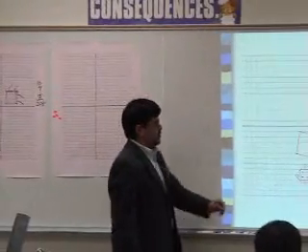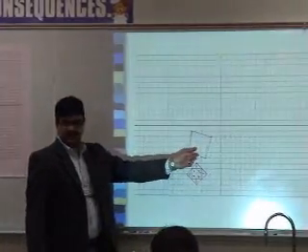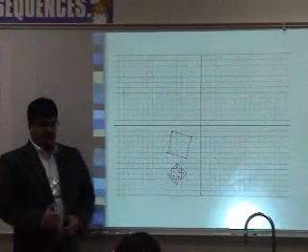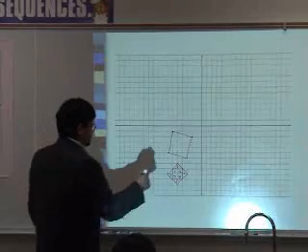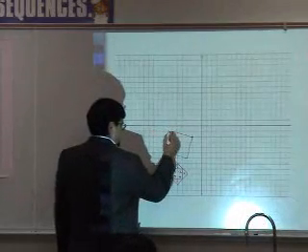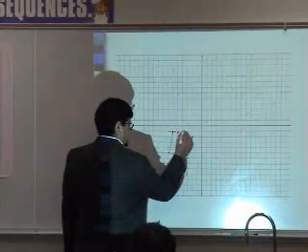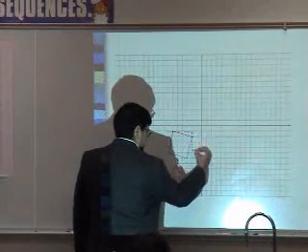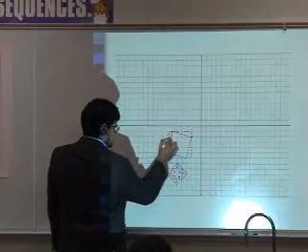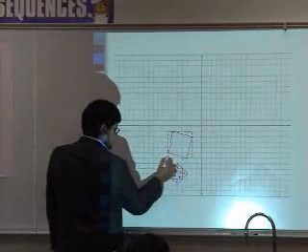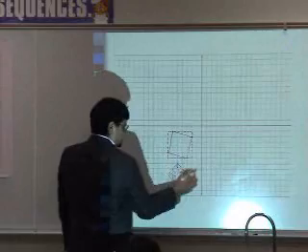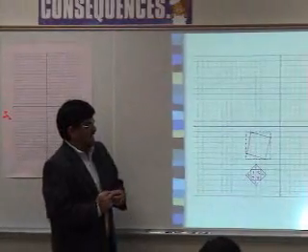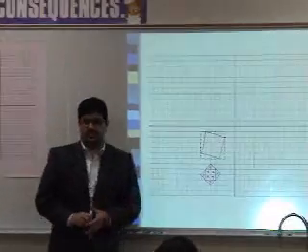Now I'm going to show you over here the subtractive model with the other square. What I do is I make a square outside the square that I'm working with. I made a big square outside of it, and I say, what is the area of the big square?